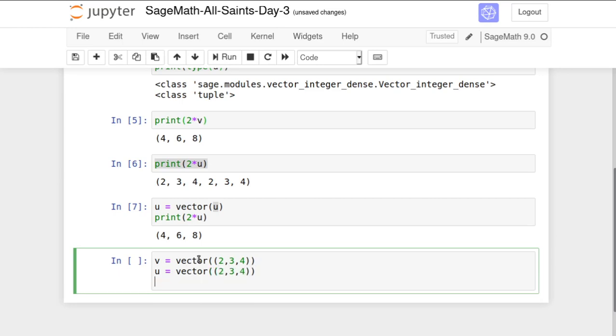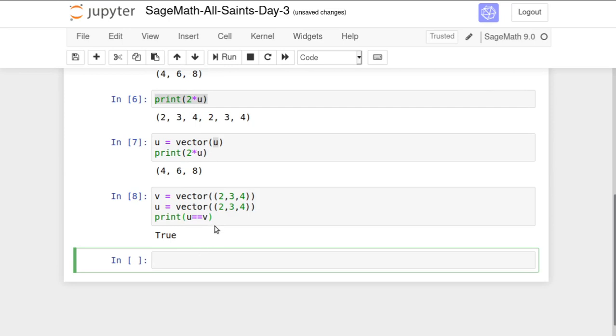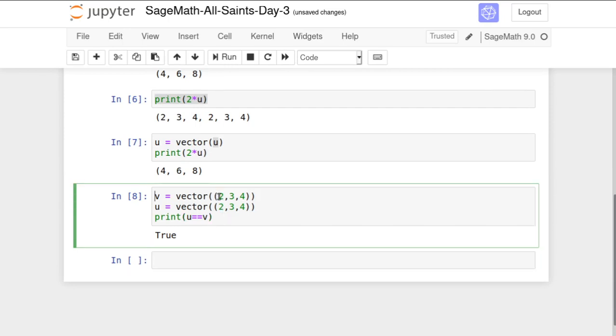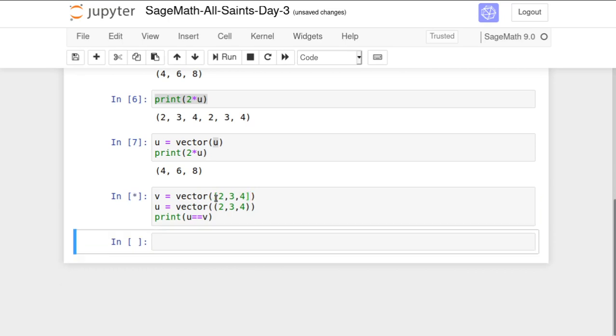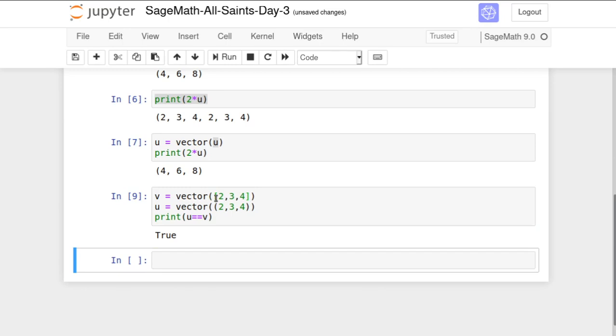And if you ask Sage if these U and V are same or not, Sage will say that it's true. That means you can define using either bracket. So in whatever way you define, the only thing is that you have to enclose it inside one vector command.